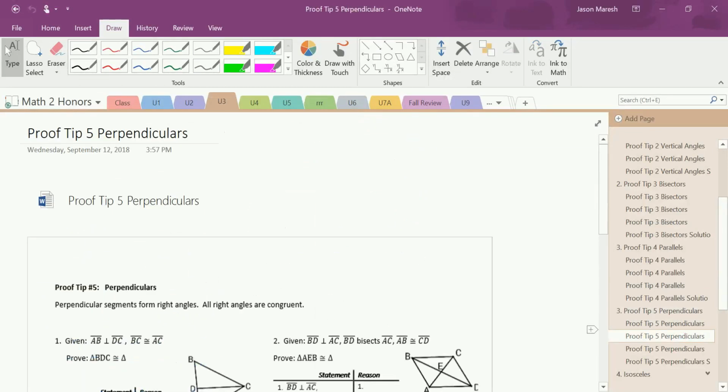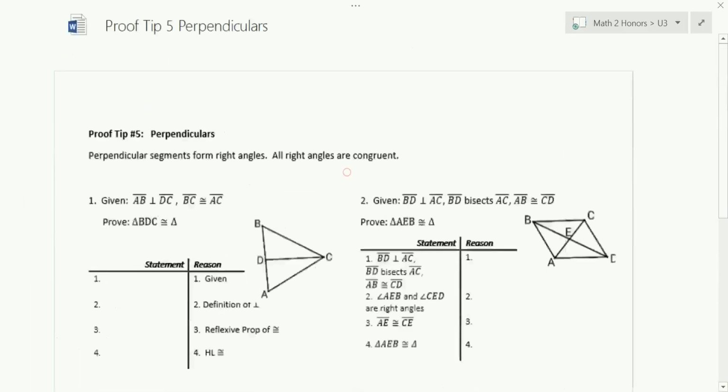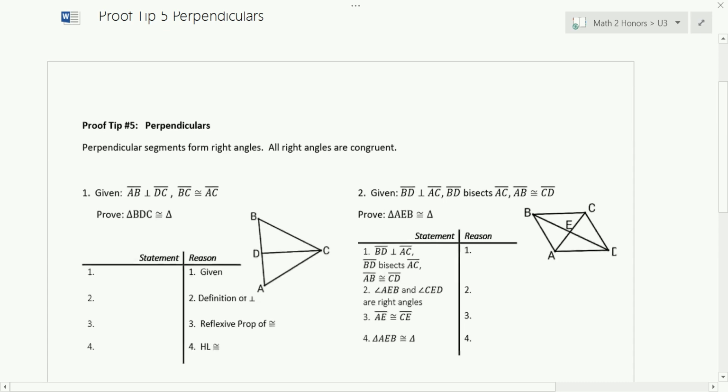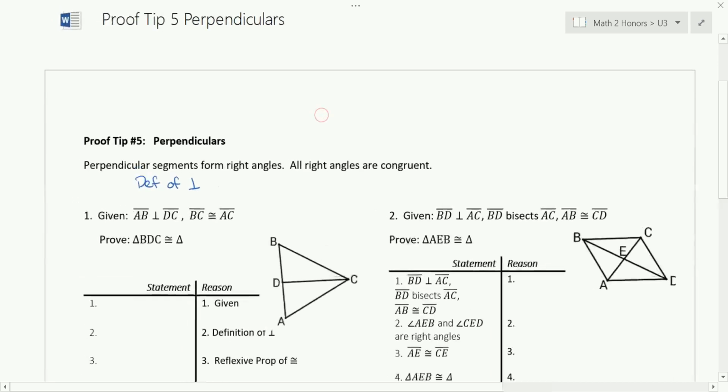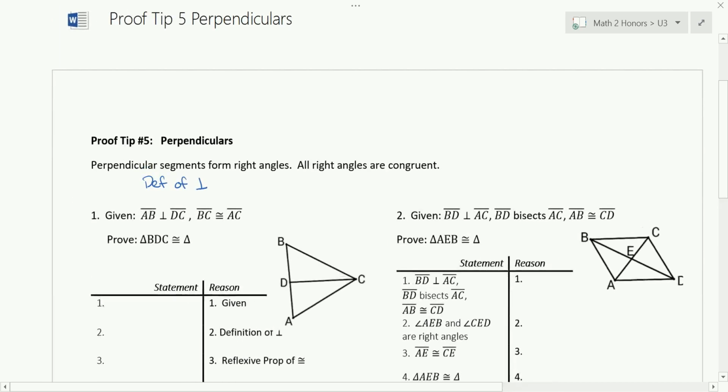Perpendiculars. Okay. And there's really 2 things in here that I just want to mention. First of all, definition of perpendicular. And perpendicular, the symbol is like an upside down capital T. Okay, that means perpendicular. And the definition of perpendicular is that perpendicular segments form right angles.